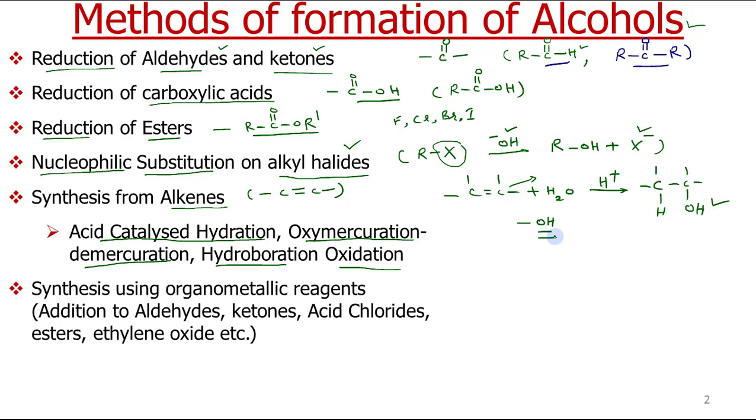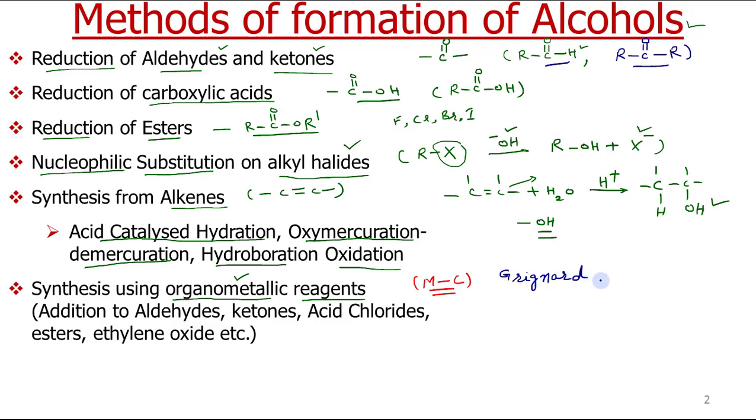Next, we can use a variety of organometallic reagents to synthesize alcohols. Now, what are organometallic reagents? Those organic compounds which contain a metal to carbon bond are called organometallic reagents. A very common example is Grignard reagent.